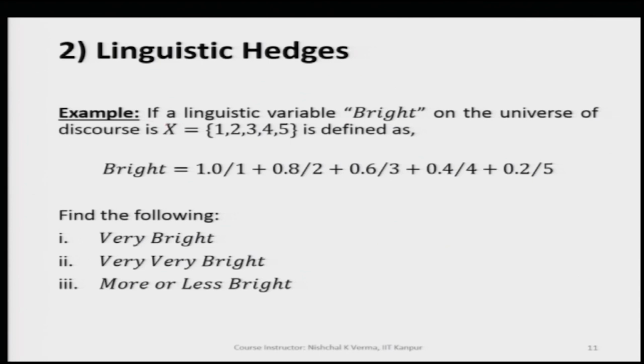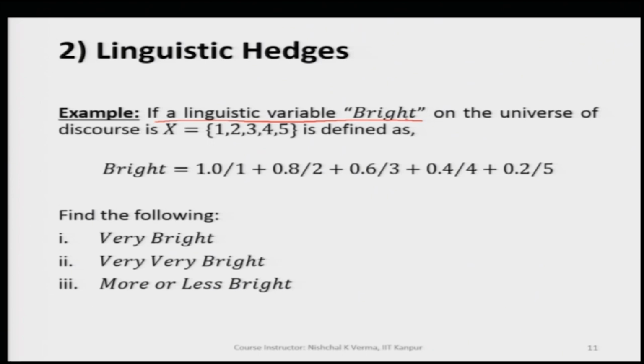So, if we have a linguistic variable bright, and as I already mentioned, this bright is termed as a primary term. This bright basically is a fuzzy value which is represented by a fuzzy set.